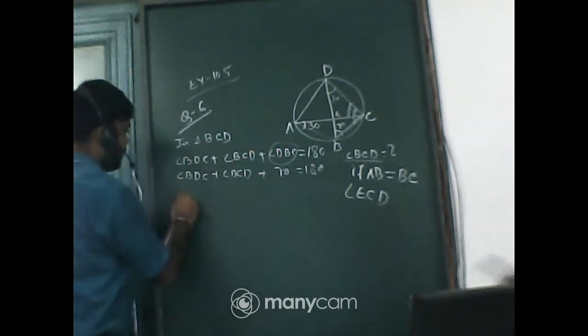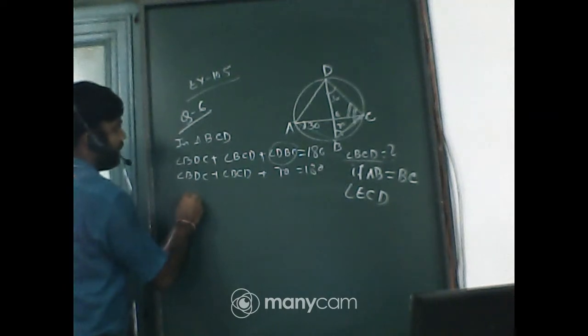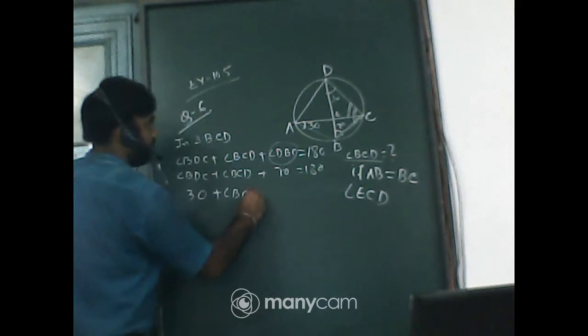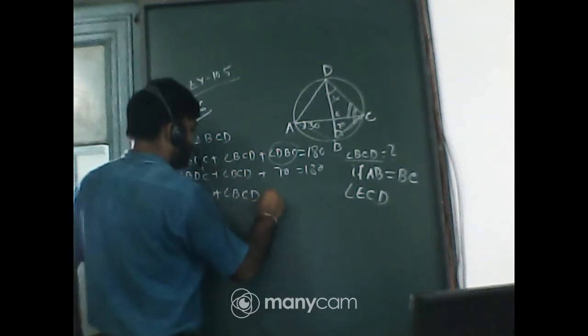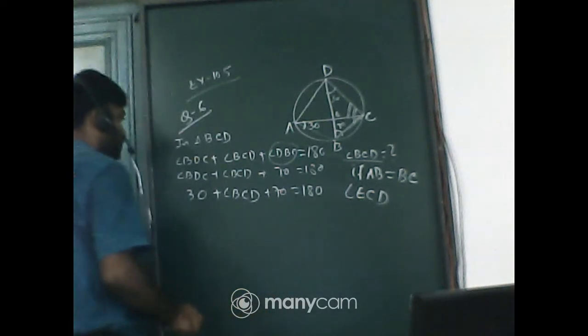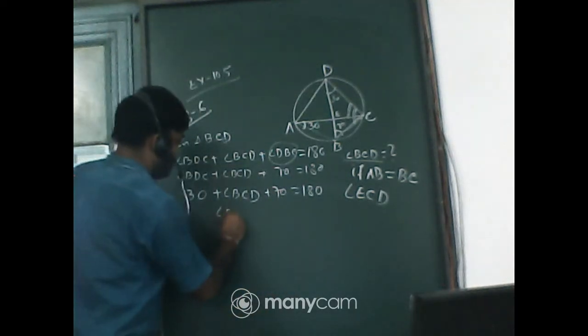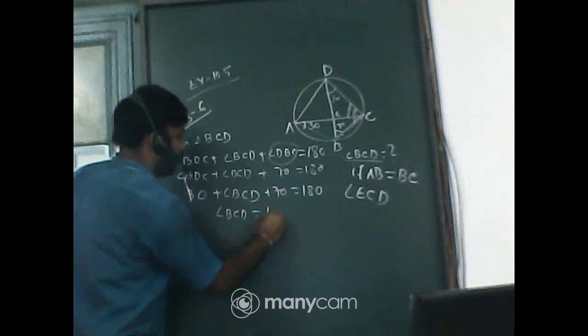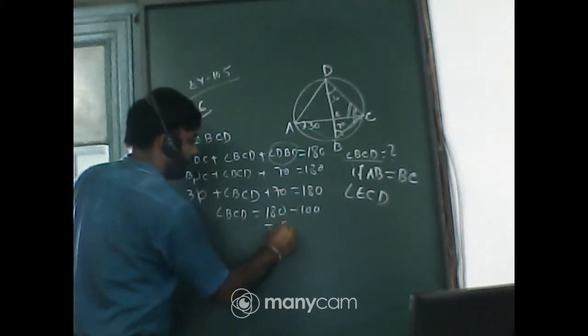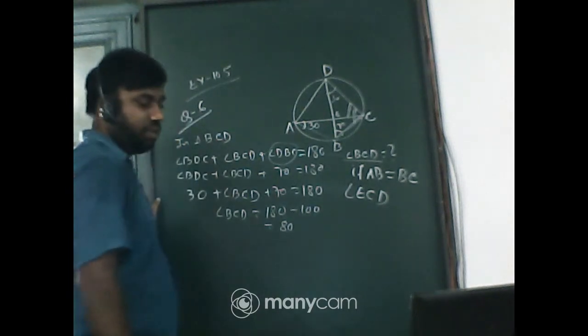So BDC is 30 degrees, plus angle BCD plus 70 equals 180. So BCD will be 180 minus 100, that is 80 degrees.